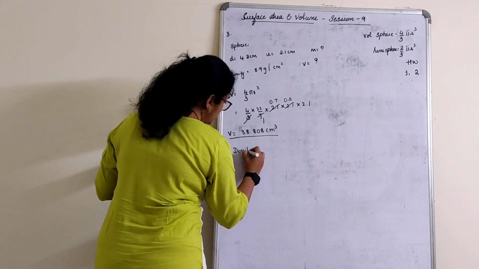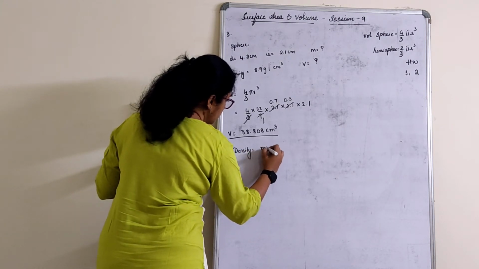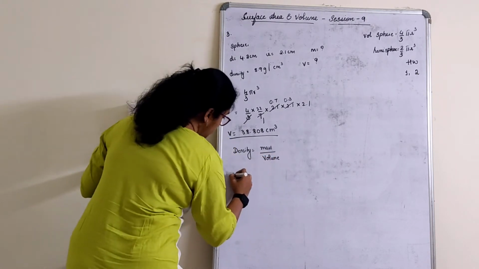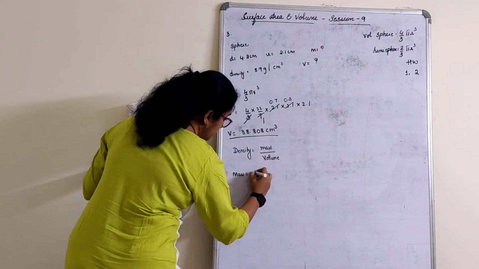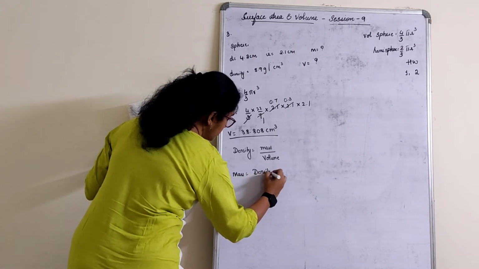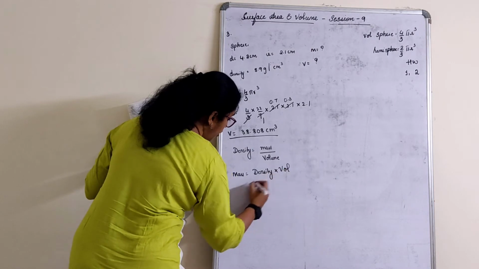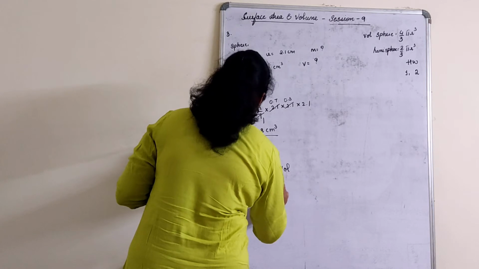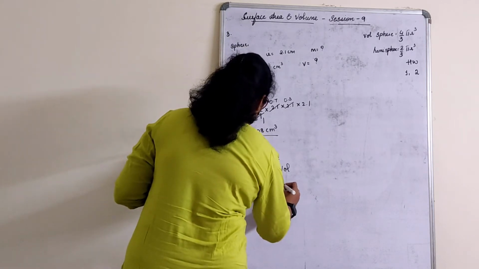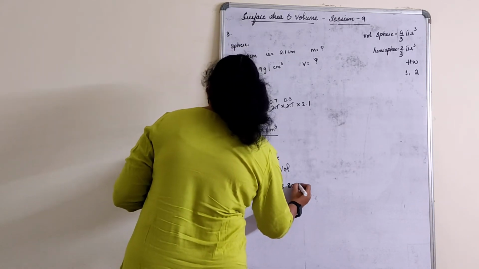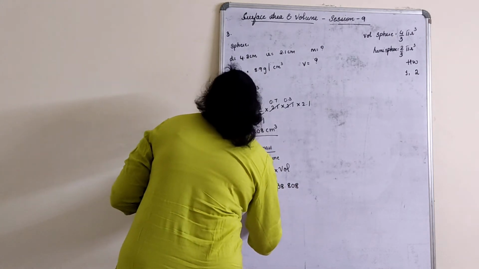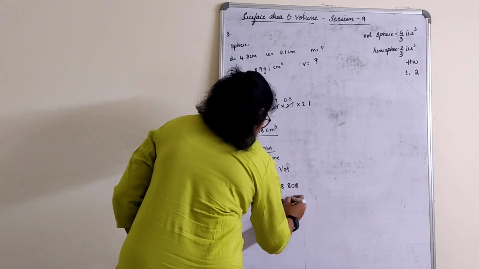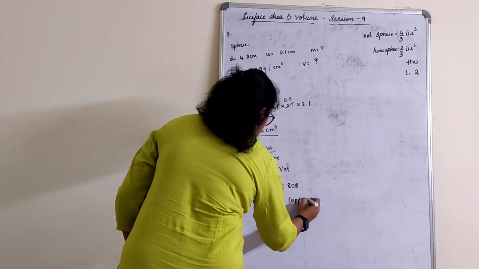Density is equal to mass by volume. Therefore, mass is equal to density into volume. Density is given as 8.9 into volume 38.808. The answer is 345.39 grams approximately.